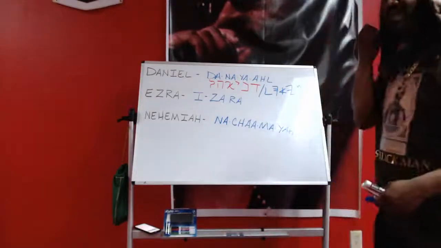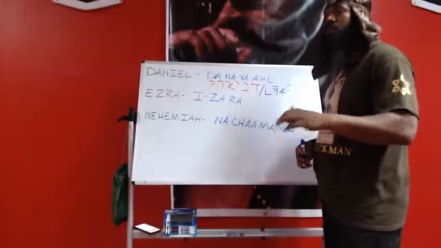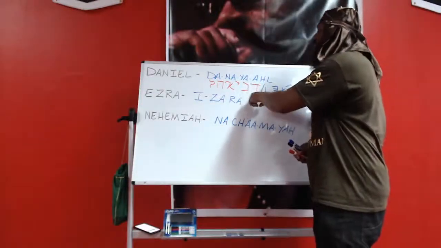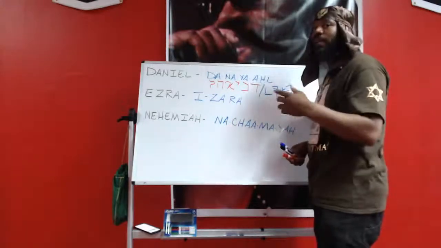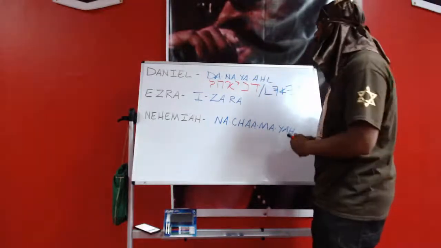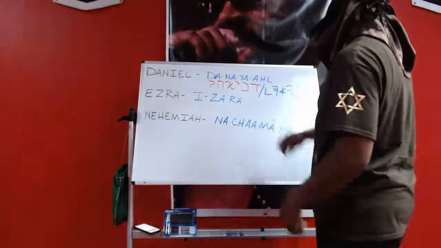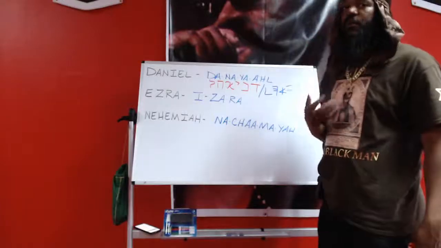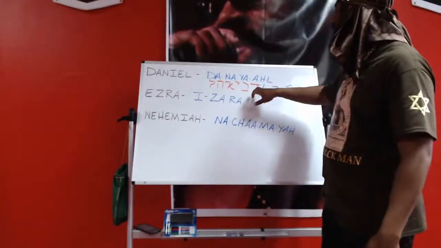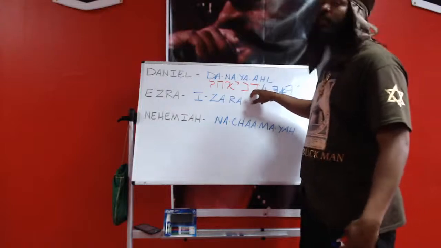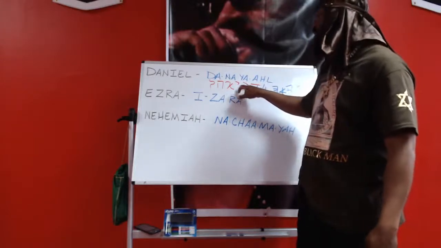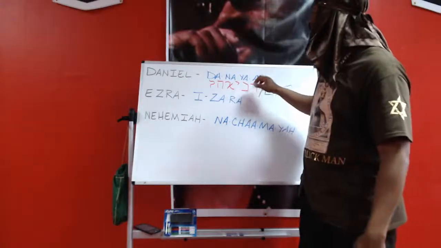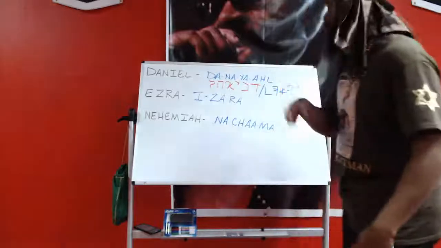Now, Assyrian Hebrew can be very hard to read because one of the trickiest things is knowing when to put letters together. Sometimes, coming from English, we might say Dan, then Ya. You see what I'm saying? But it's going to be pronounced Danayaal.